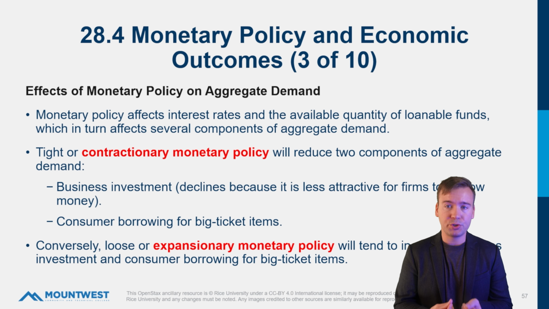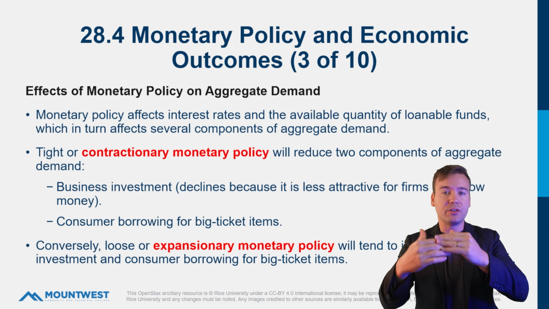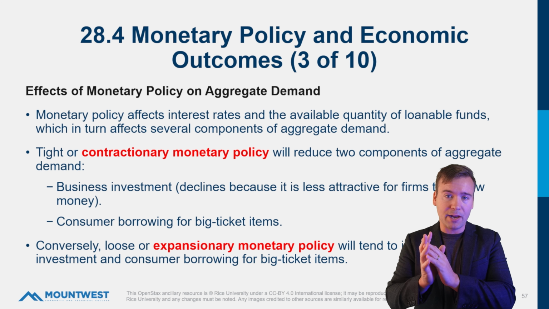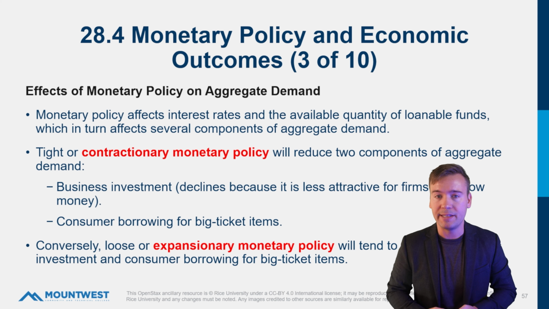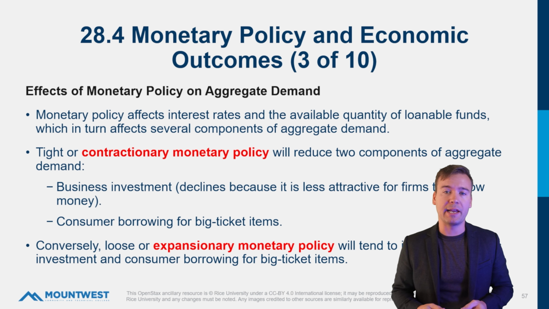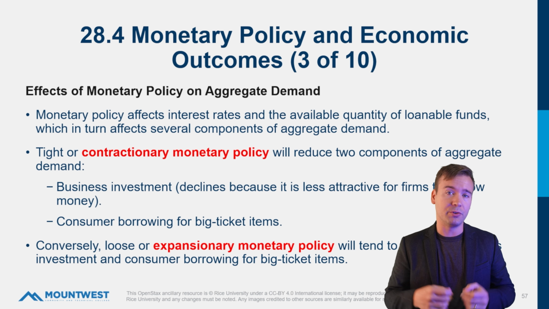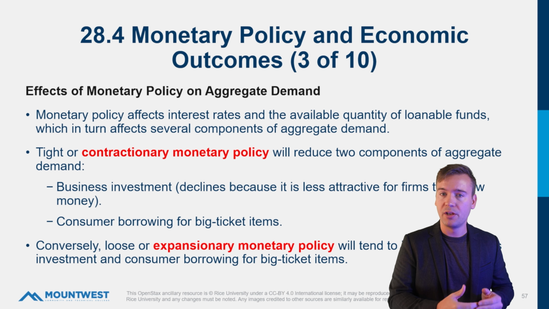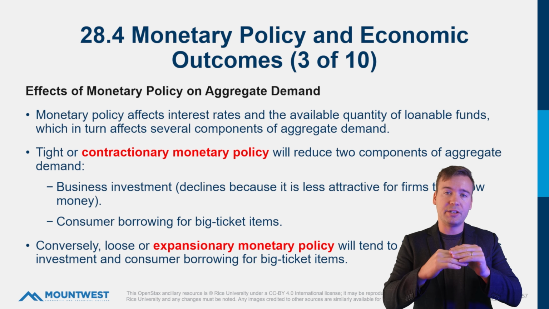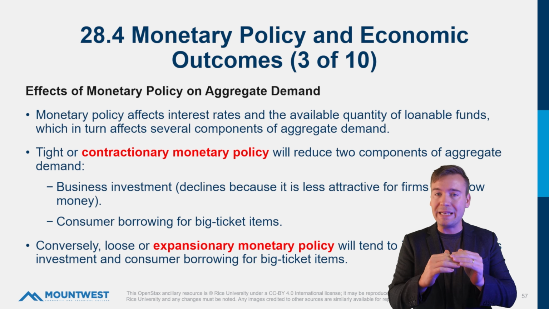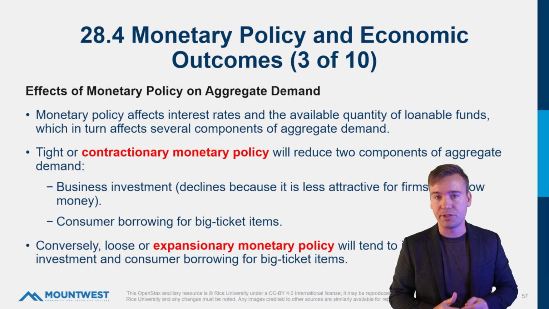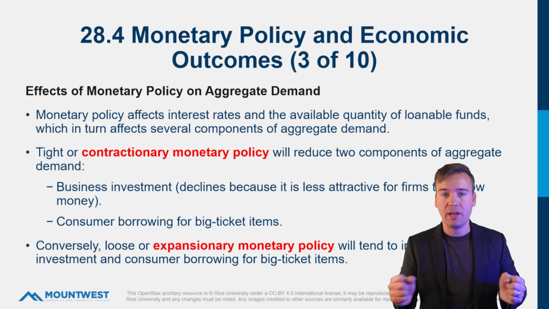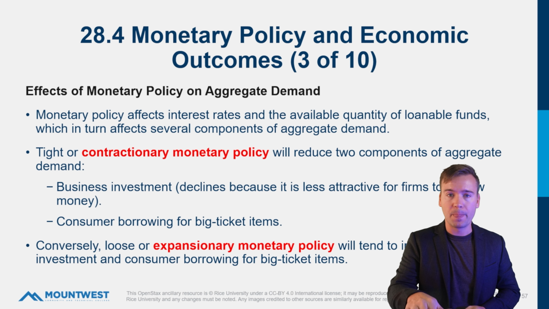So that boosts business investment and consumer borrowing, which increases aggregate demand, and that then helps to stimulate economic activity, which is really useful during a recession period. So by adjusting those interest rates through monetary policy, the central banks can effectively influence the spending and the investment decisions that drive aggregate demand from businesses and consumers, and help stabilize our economy.